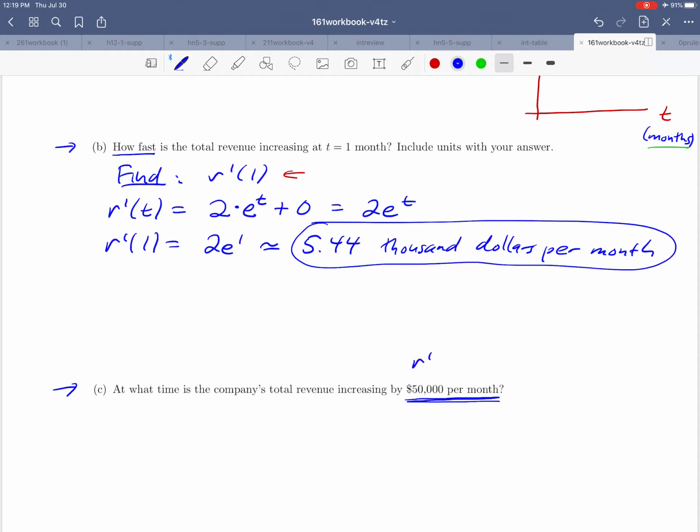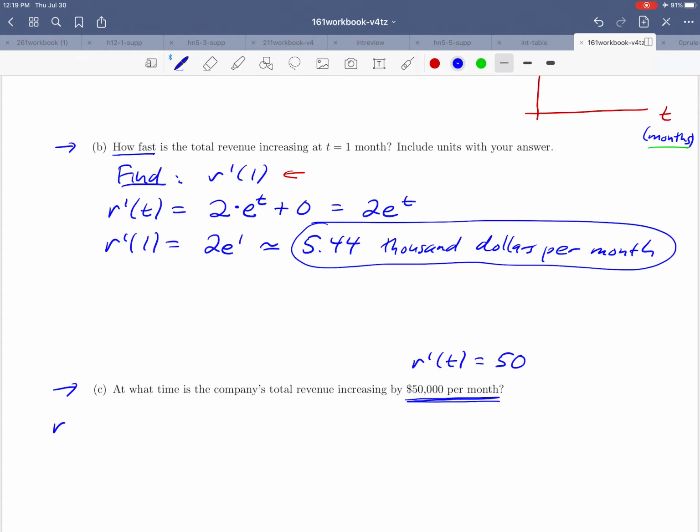So what that's giving us is a value of the derivative. If we convert units, that means we're looking for where r prime of t is equal to 50, because we're thinking of the 50 as already being in thousands of dollars per month. So to answer this question, we basically want to take the derivative and set it equal to 50.